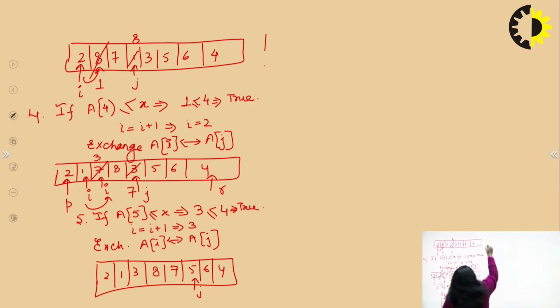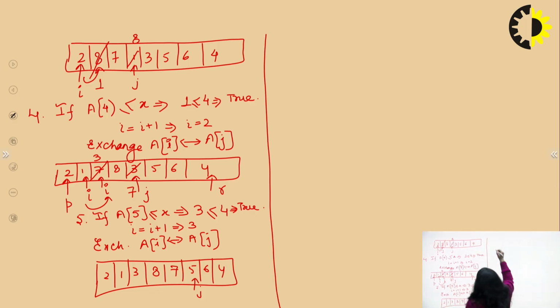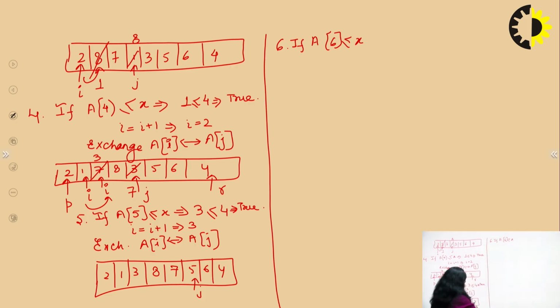Now again step number 6. If A6 is less than or equal to X, right? What is A6? That is 5. So 5 is less than or equal to 4. Condition false, right? So it will not go into the loop. Next, j becomes plus 1, so j comes on 6.